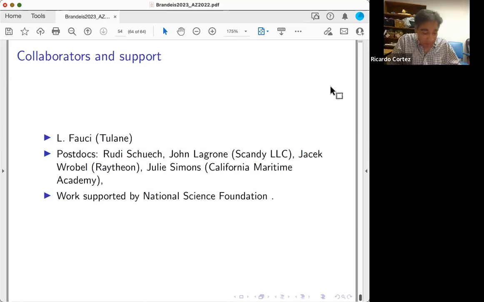So we have two collaborative projects at the moment. One has to do with choanoflagellates and how they move their flagella for feeding purposes, for example, and what flows they generate when they form colonies and things like that.